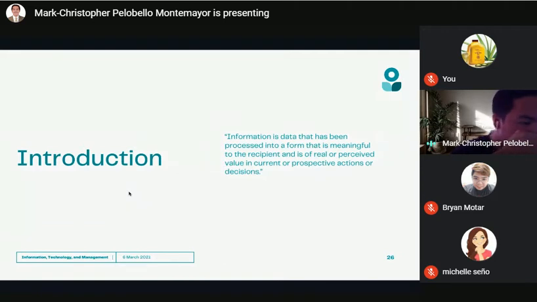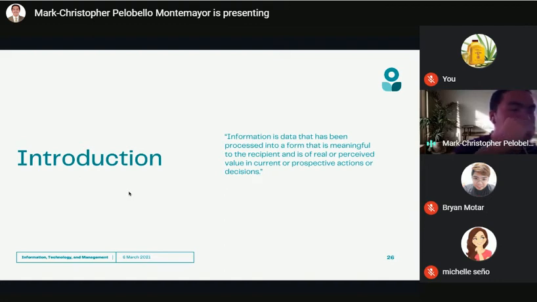So there's a quote here: information is data that has been processed into a form that is meaningful to the recipient and is of real or perceived value in current or prospective actions or decisions. Quality of information refers to its fitness for use or its reliability.